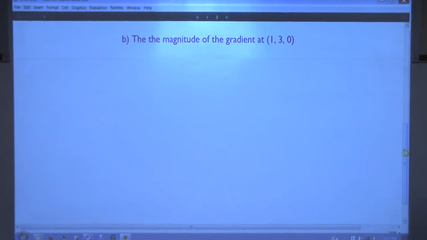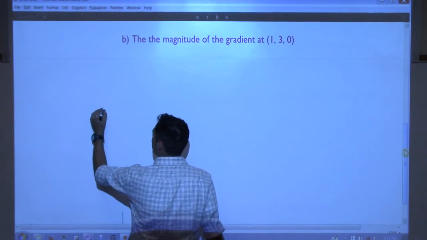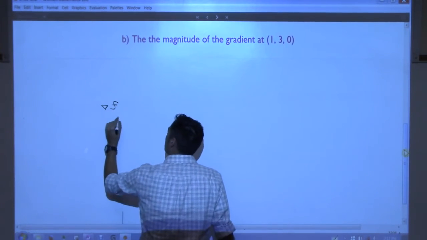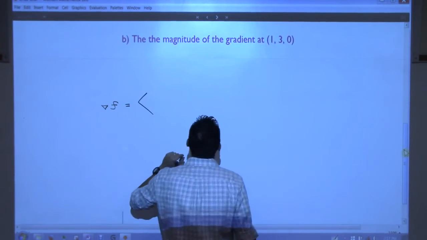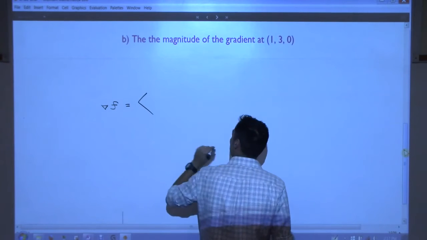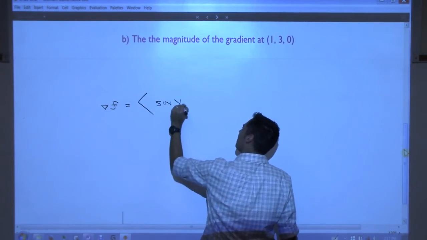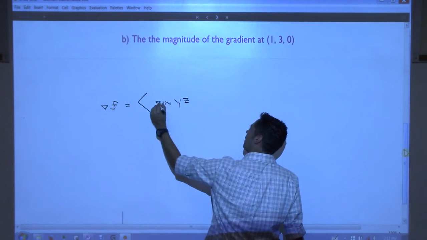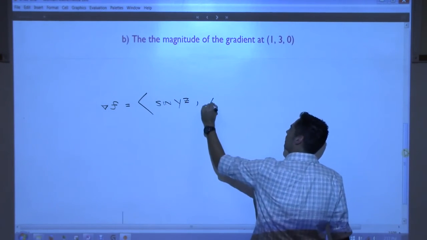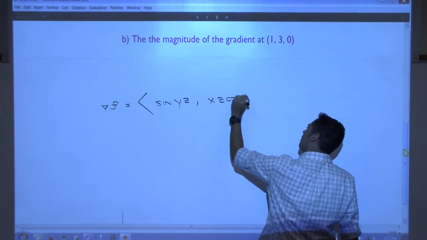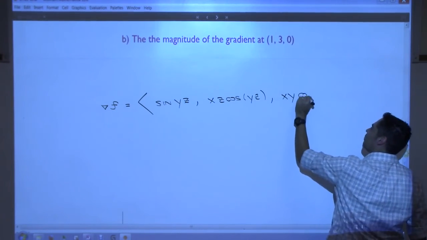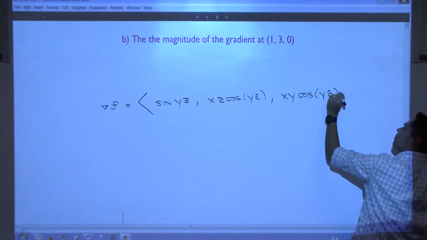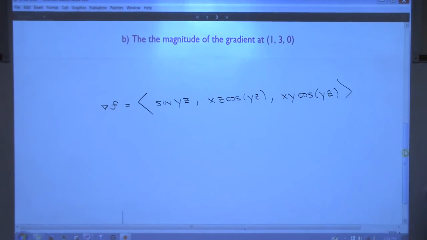Okay, magnitude of the gradient. So the gradient vector, I just erased it. That's why I said wait. What was it? Sine yz, then xz cosine yz, and then xy cosine yz. So that's the gradient vector right there, right?